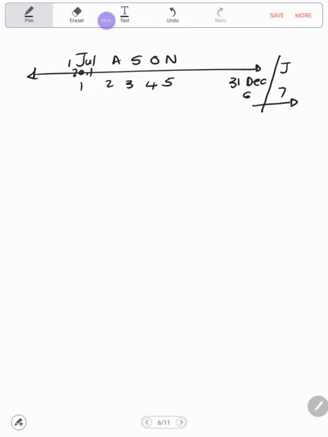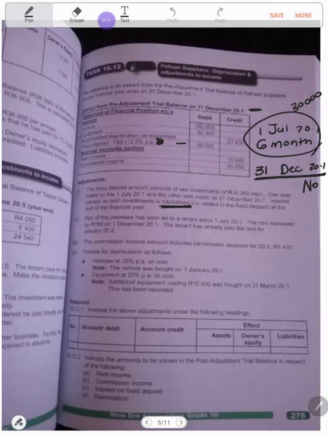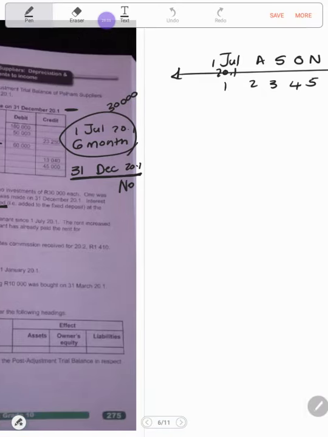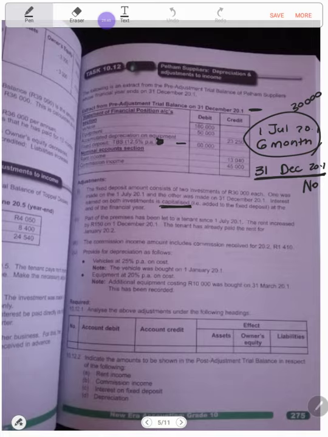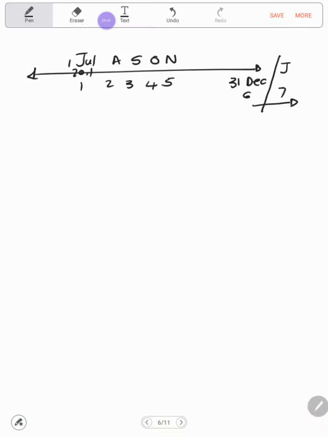So previously I did say that you need to divide by the number of months that the person has paid for, but the increase makes it tricky, as I said. So you need to first find out what is the increase. It's 150, and the increase was from the 1st of December. So the increase has taken place in December and January.